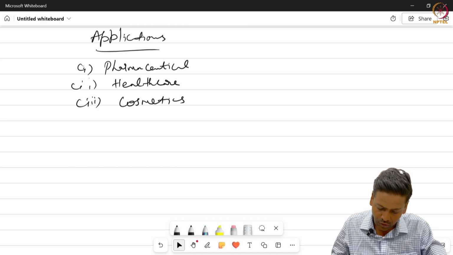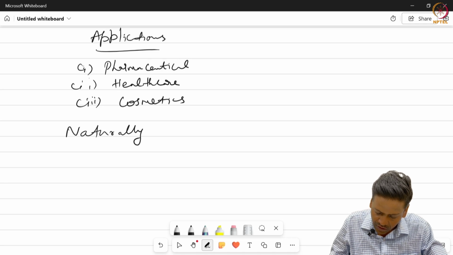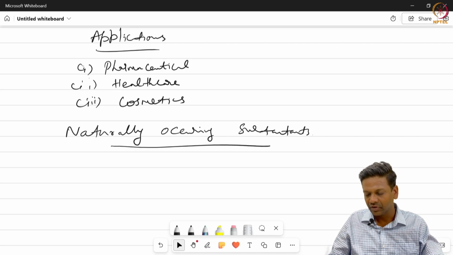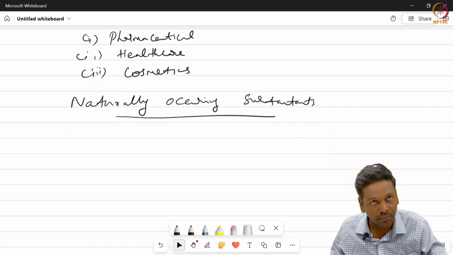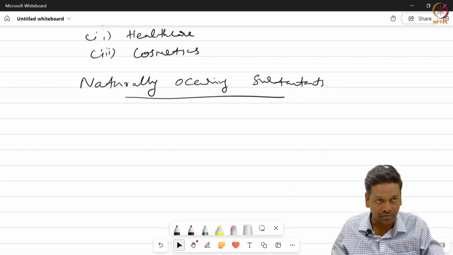Now we can look at some of the naturally occurring surfactants. These are not made synthetically. These are available by nature.